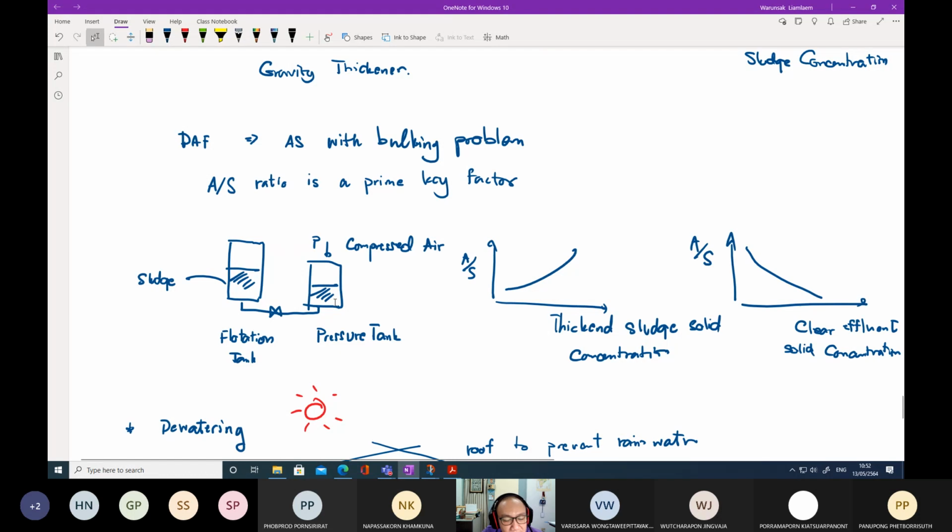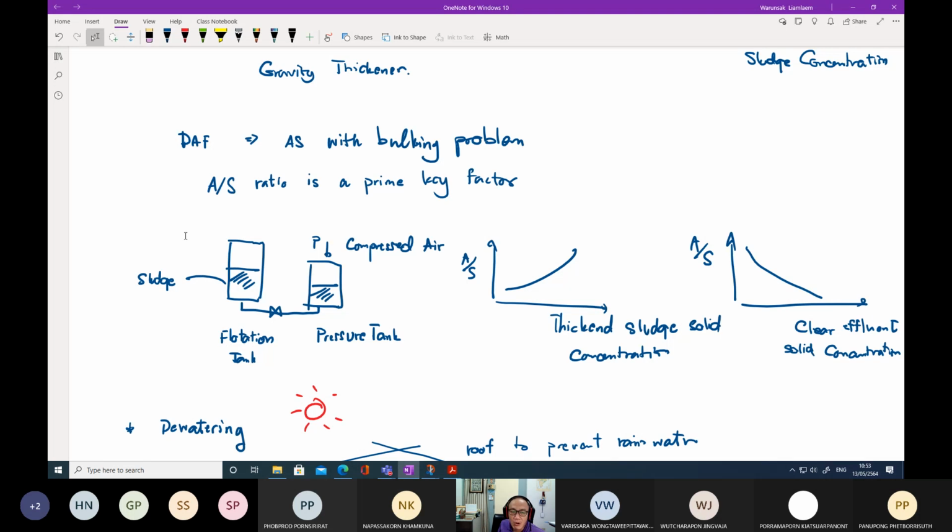We compress the air here, and then we pass this liquid containing high dissolved air and put it back into the flotation tank, so that the sludge or the light sludge will be moved up, and then we can remove the floating sludge here and collect it in the sludge collection tank like that.